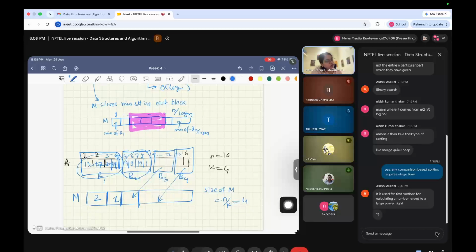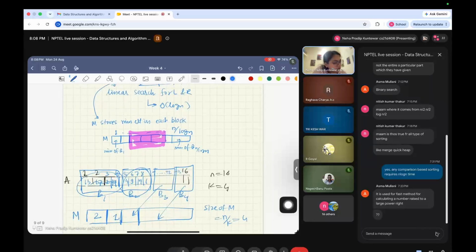So now let us say that L is 2, and let us say that R is 14. Then what does the algorithm say? I want to find a minimum from here to here.